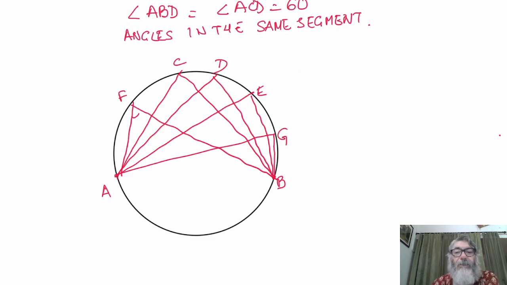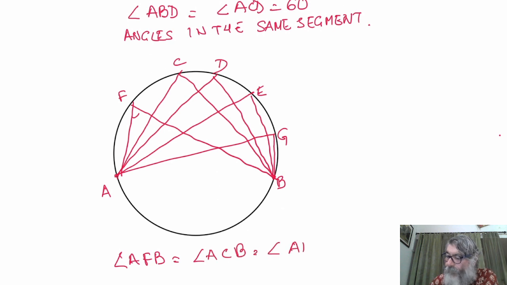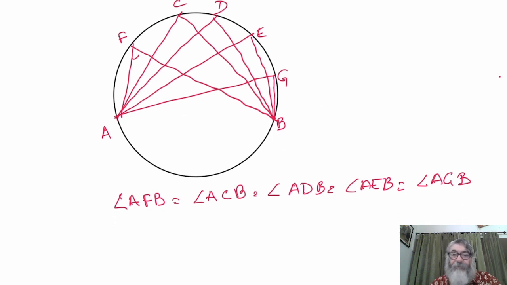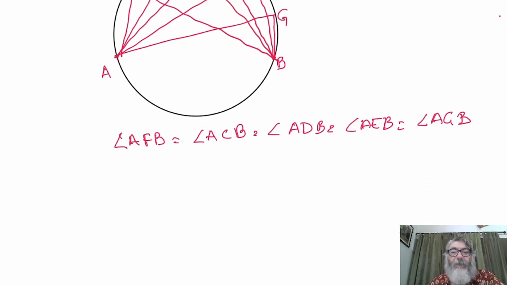All these angles are in the same segment. Angle AFB is equal to angle ACB is equal to angle ADB is equal to angle AEB is equal to angle AGB. Please notice that the two end alphabets are the same everywhere: AB, AB, AB, AB, AB.